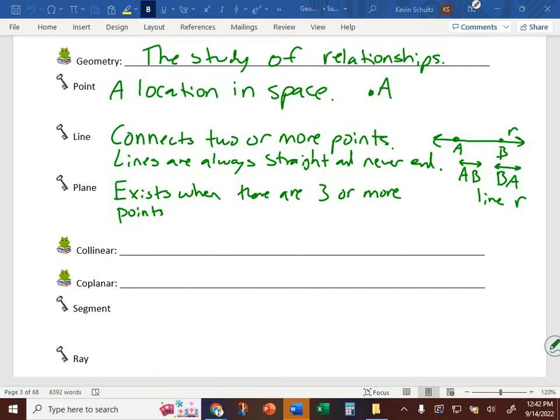It's fine. A plane exists when there are 3 or more points that are not collinear. Yeah, not collinear.